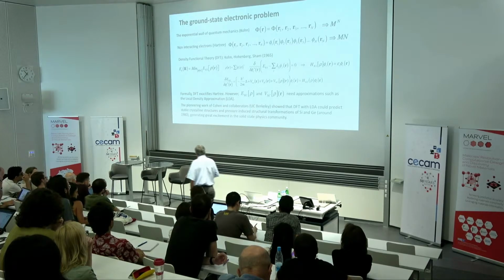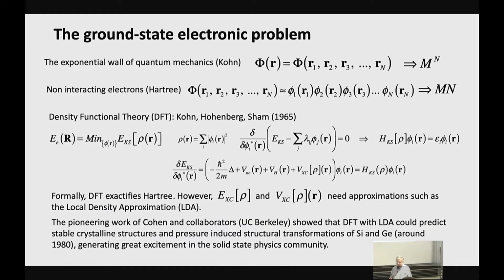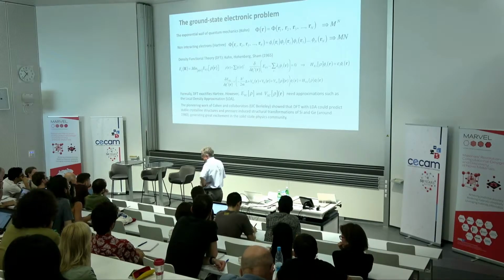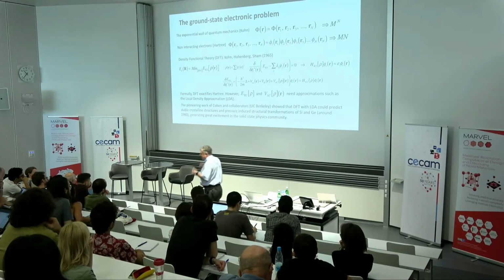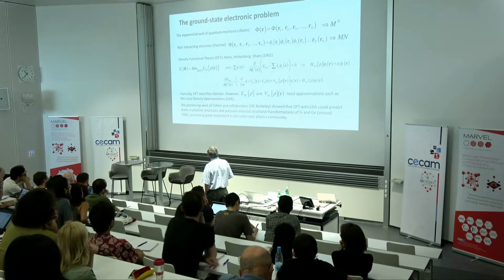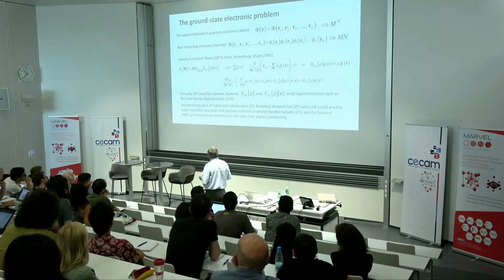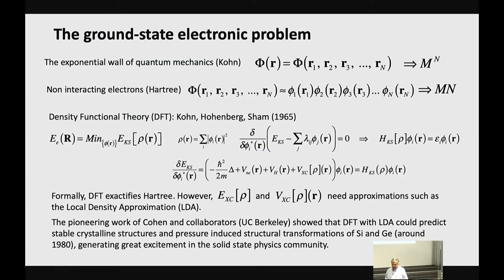And the approximation that was very popular in the days that Michele and I started to work on Car-Parrinello was the local density approximation. The world was much simpler in those days, and the local density approximation was brought to the attention of people doing calculations of materials by the work of Marvin Cohen and collaborators at UC Berkeley.